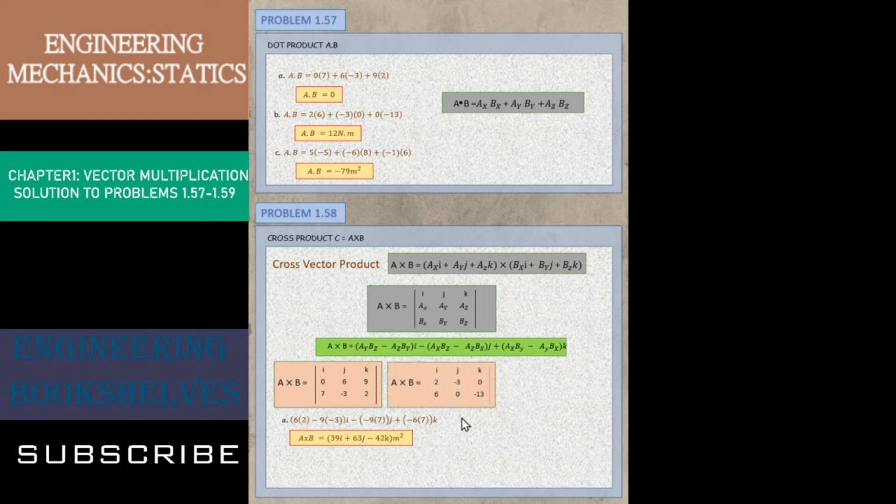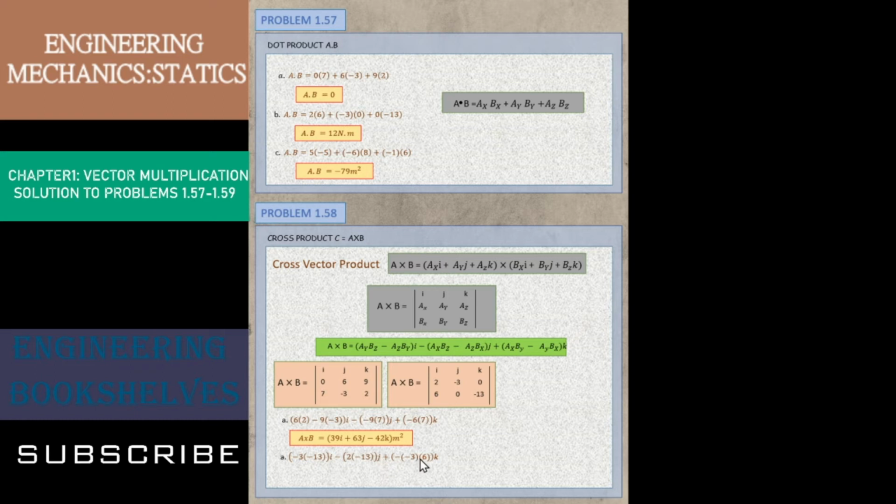For letter B, same. We have 2, negative 3, and 0, and 6, 0, and negative 13. We are going to do the same. For i, negative 3 times negative 13 minus 0 times 0, minus for j, 2 times negative 13 minus 0 times 6, which is 0.